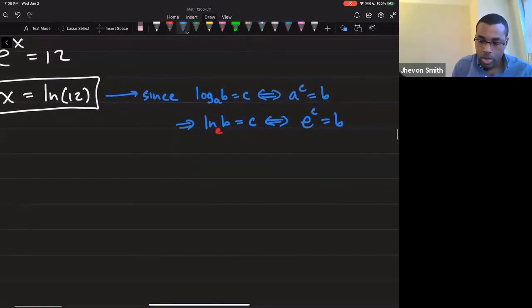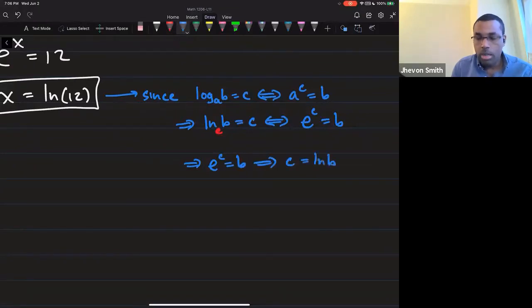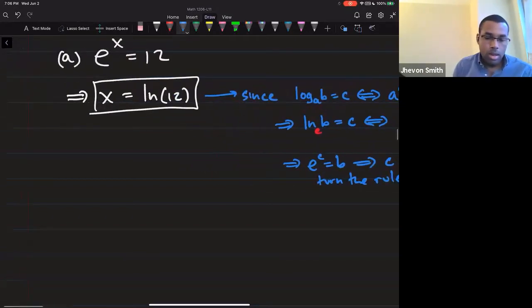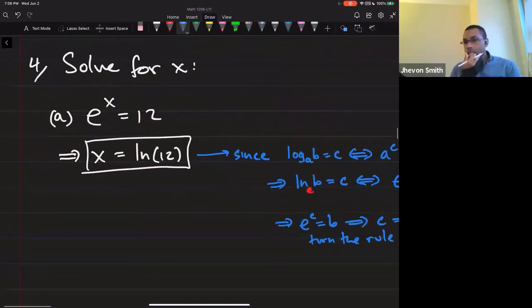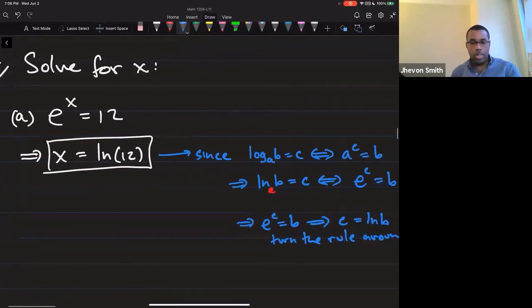And obviously you can go the other way. So e to the c equals b means that your c must be ln of b, by just turning the rule around. That is correct. And I think conceptually it's just a lot of steps to go in your head, personally.